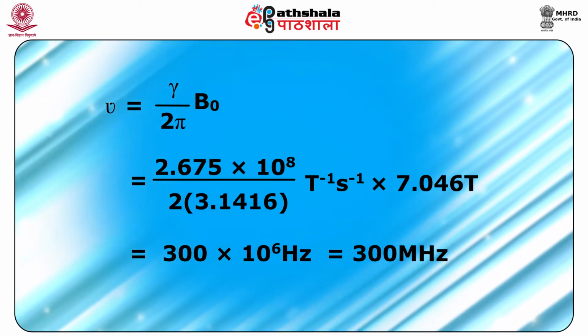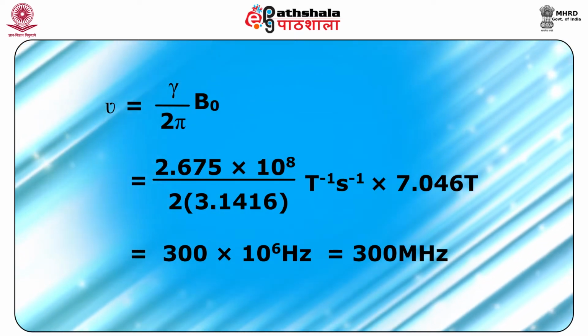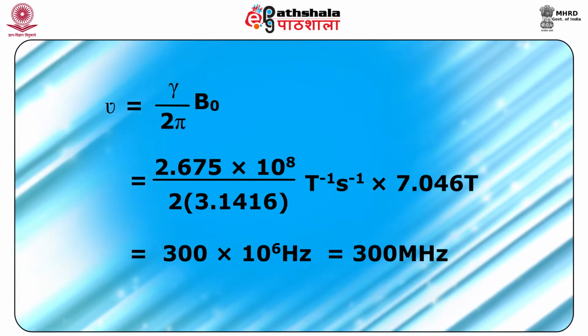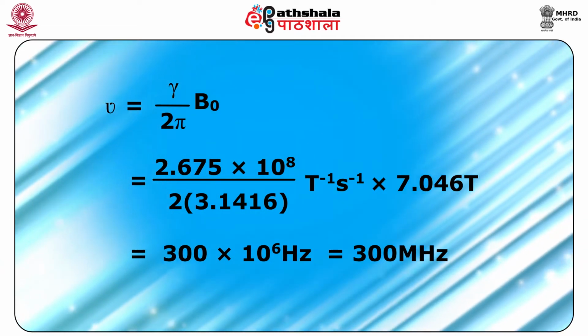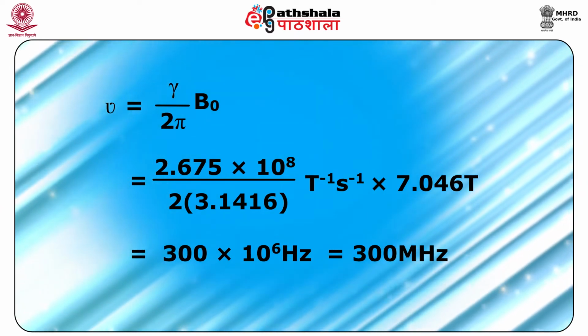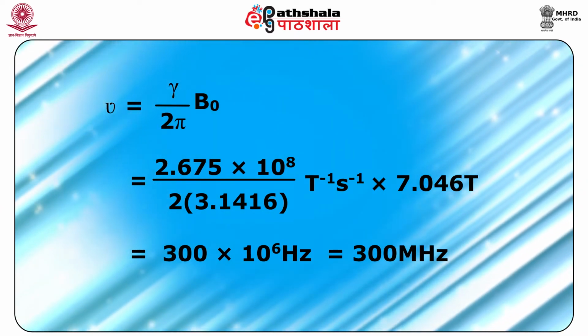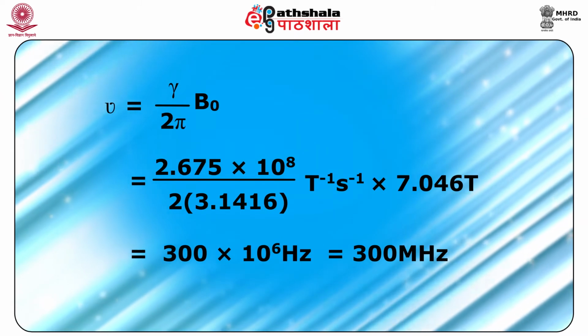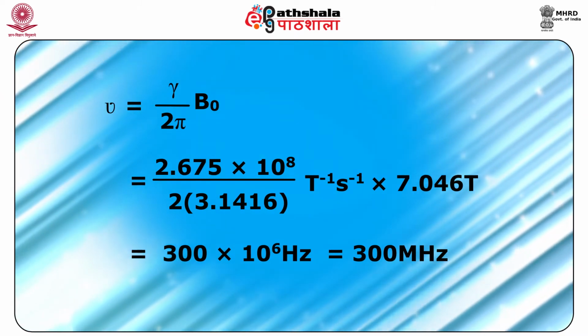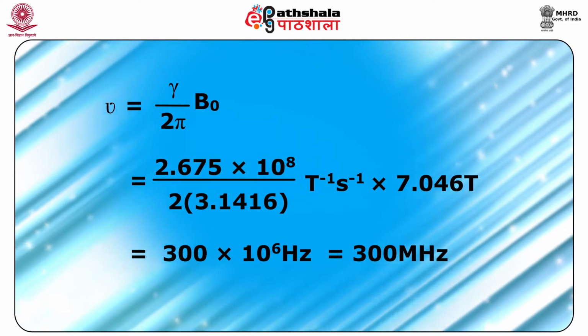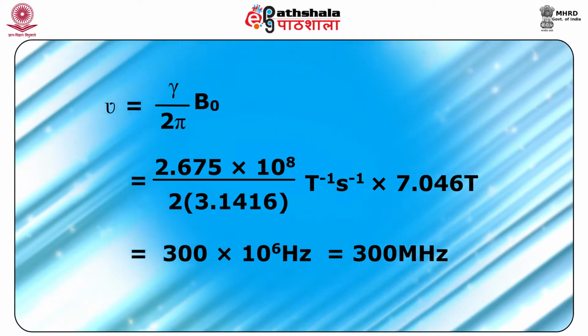Calculation shows that a frequency of 300 megahertz is required at a magnetic field strength of 7.046 Tesla. Now, putting that in the equation, nu is equal to gamma divided by 2 pi into B naught. We have the values, thus we obtain the value of nu to be 300 megahertz.